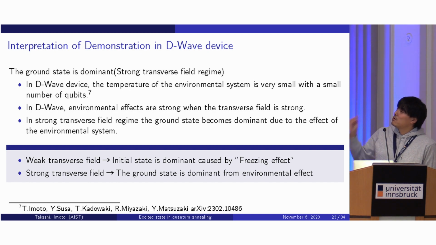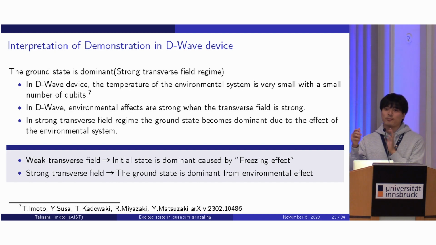Okay, so we summarize the interpretation of the result of the demonstration. When we consider the weak transverse field, the initial state is dominant, caused by the freezing effect. And when we consider the strong transverse field, the ground state is dominant from the environmental effect. Okay.